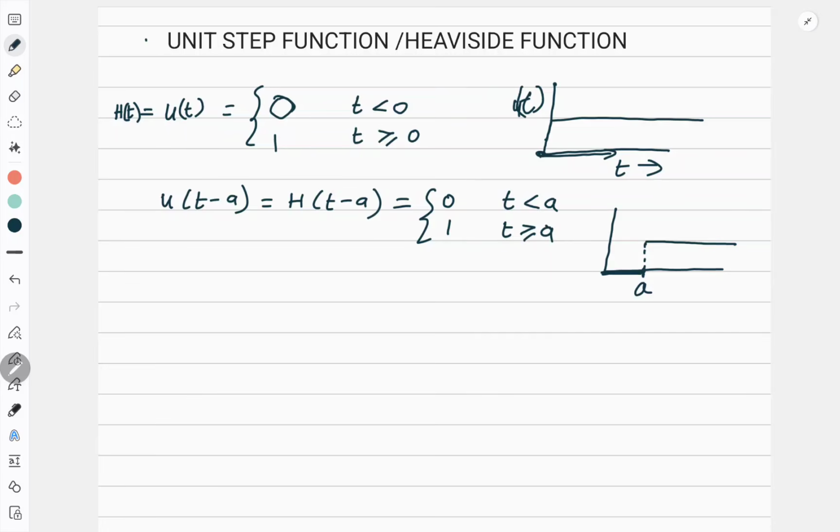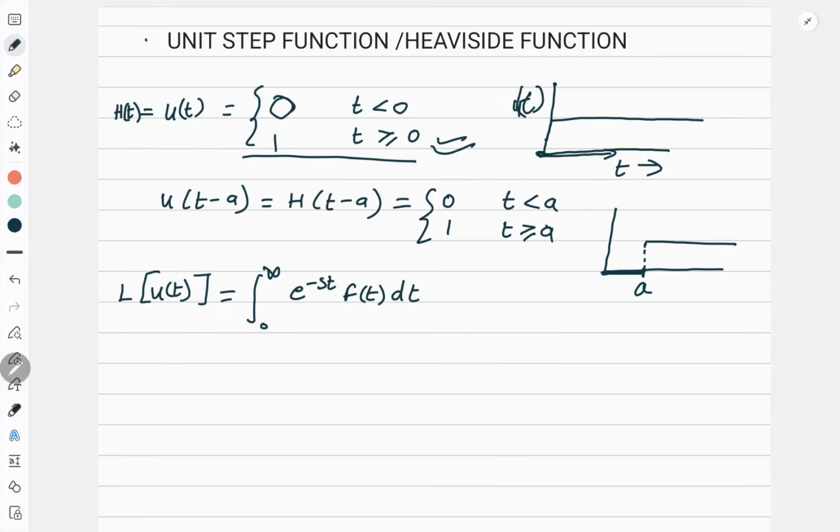Now I need to discuss the Laplace transform of this. Let us first discuss the Laplace transform of u(t). We know that the Laplace transform is the integral from 0 to infinity of e to the power minus st f(t) dt. Now, 0 to infinity means only this range I am talking about.